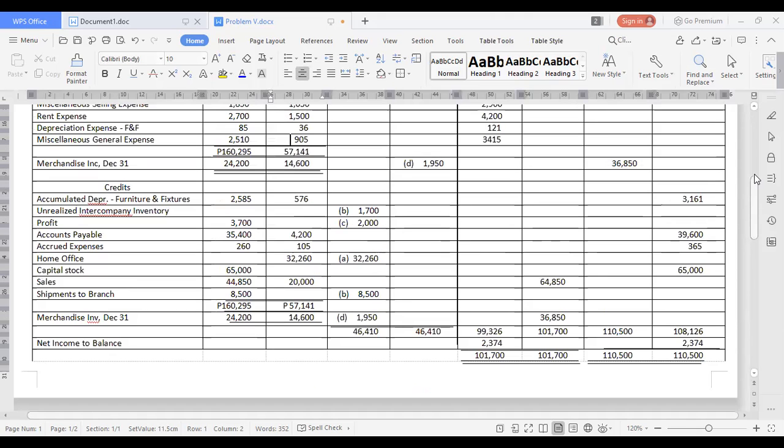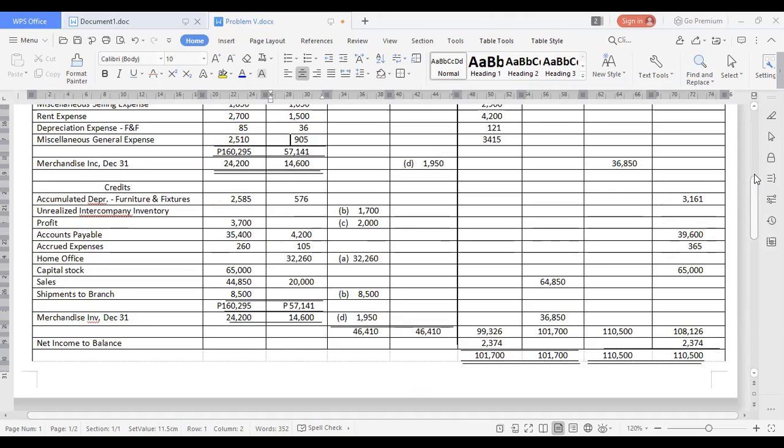Okay. So we have the total of the debits in the books of the home office, 160,295, and that in the books of the branch is 57,141. The merchandise inventory on December 31 of the home office, 24,200, of the branch, 14,600.